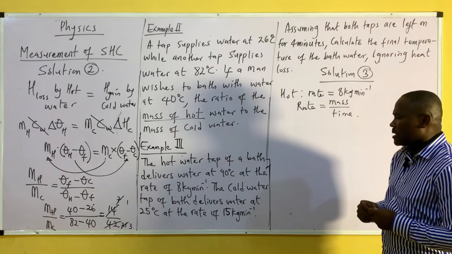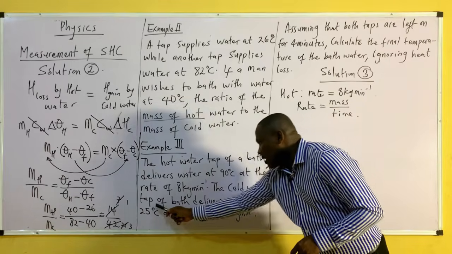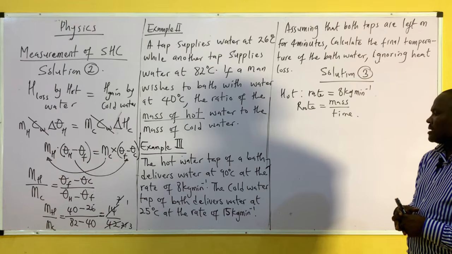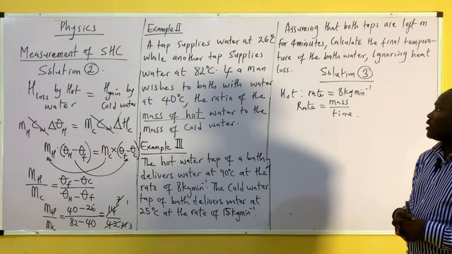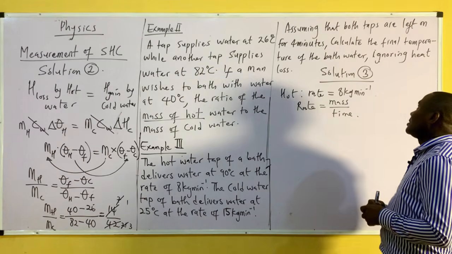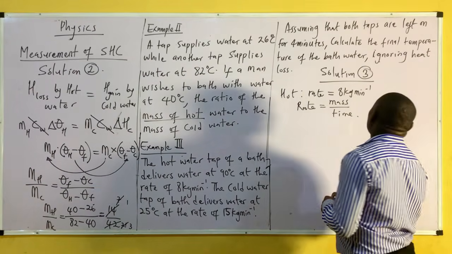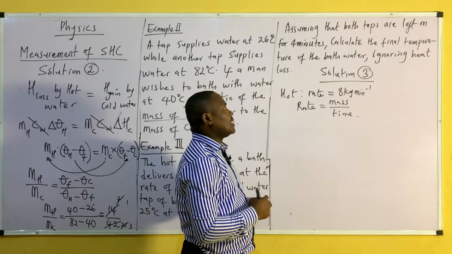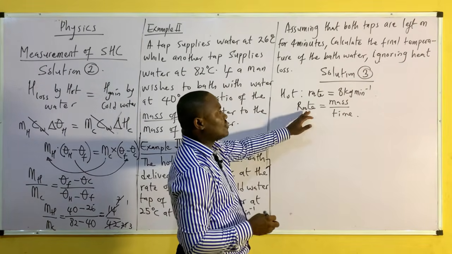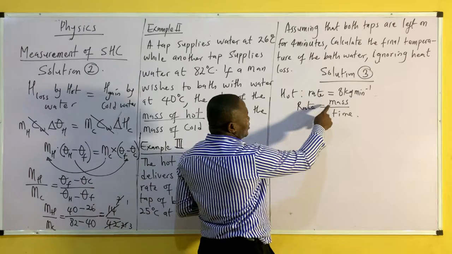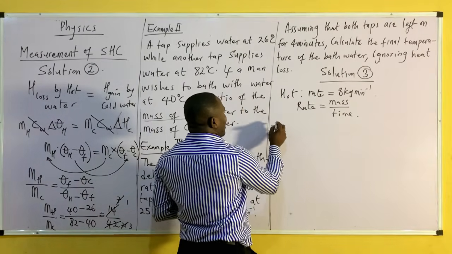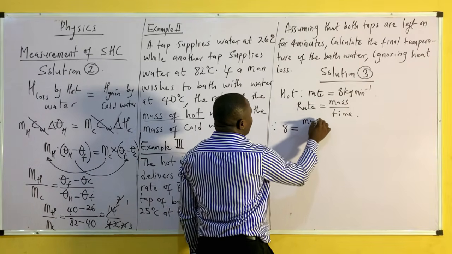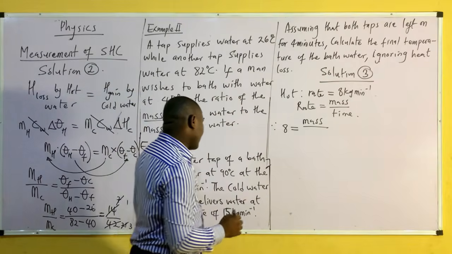Now the cold water tap of the bath delivers water at 25 degrees Celsius at the rate of 15 kilogram per minute. Now the question says, assuming that both taps are left on for 4 minutes, calculate the final temperature. So if rate equals mass over time, then 8 is equal to mass over the time for the hot.